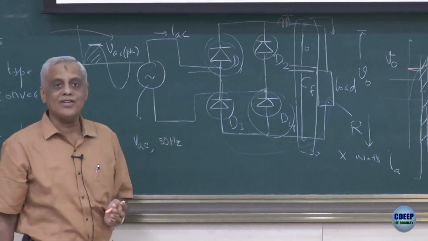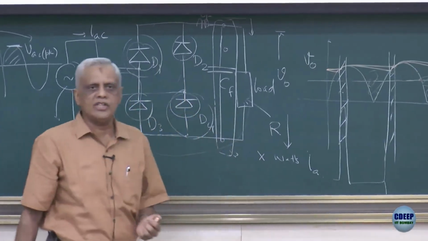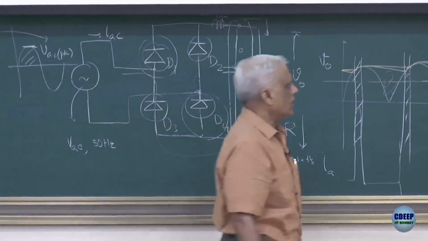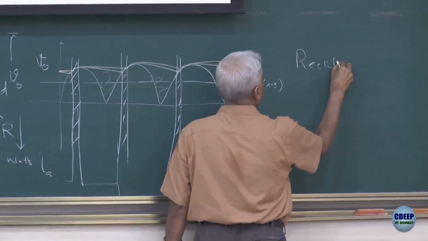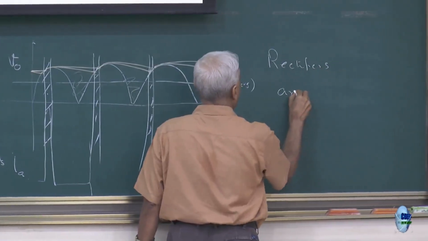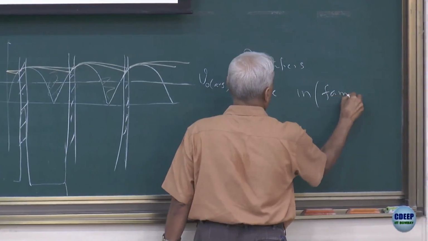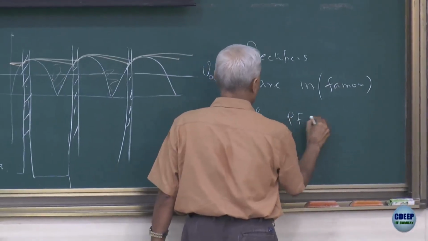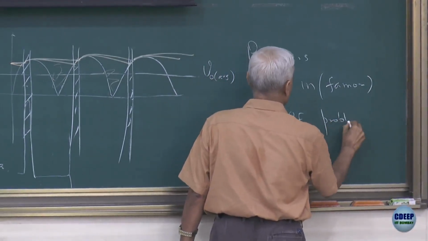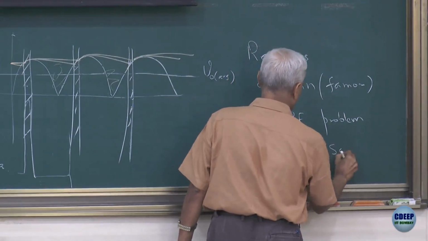So why have I highlighted this? It was not really necessary to tell you about this point immediately, but rectifiers are infamous for the power factor problem at the AC source.